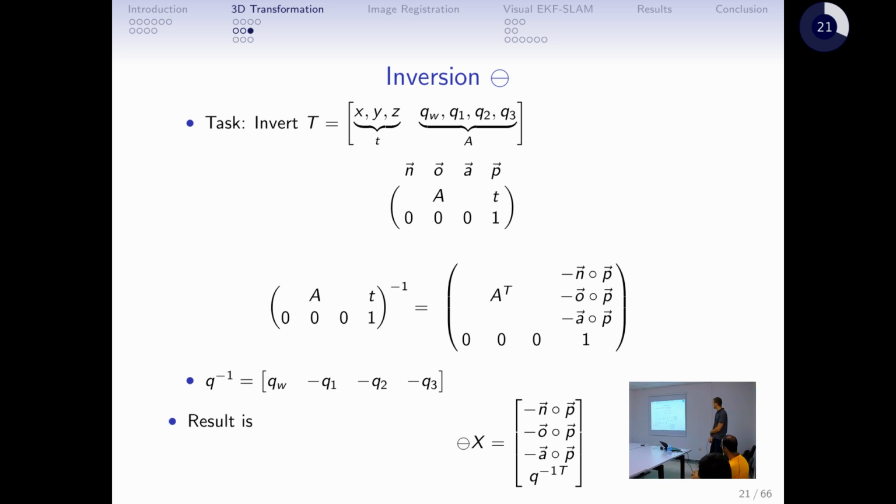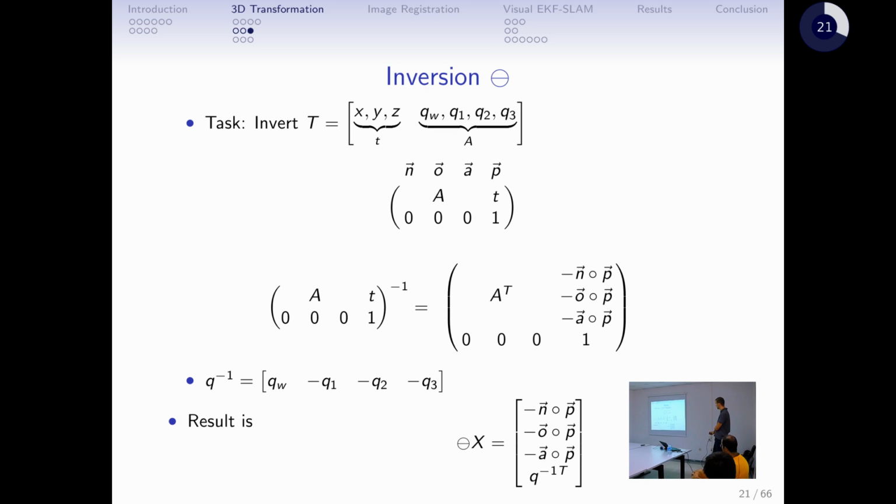So the task is to invert this transformation. We get some information, a translation x, y, z, and a quaternion to express the orientation. We put this into a transformation matrix like seen here. We translate the quaternion to a rotation matrix, as shown 2 slides before, and we just invert this matrix.